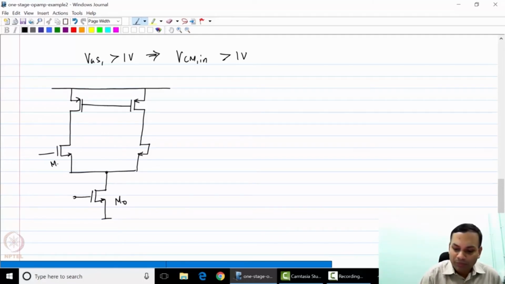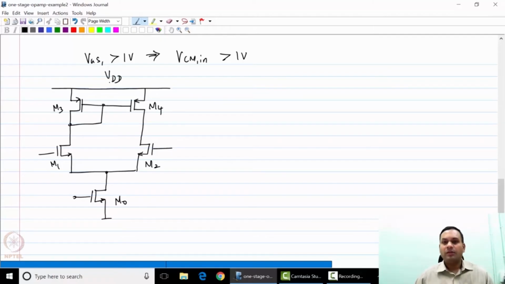M0, M1, M2, M3 and M4. Now clearly for the op amp we have seen so far, the minimum input common mode is the point where M0 goes to the edge of triode region, where this is VD sat, and you need a minimum VGS1 across the gate source of M1. Now clearly a minimum input common mode level of 1 volt is not possible for this op amp.